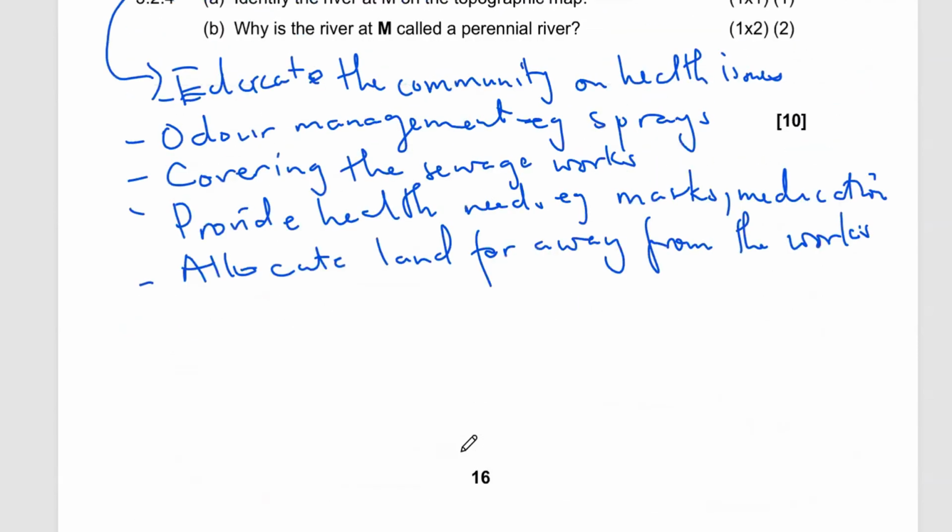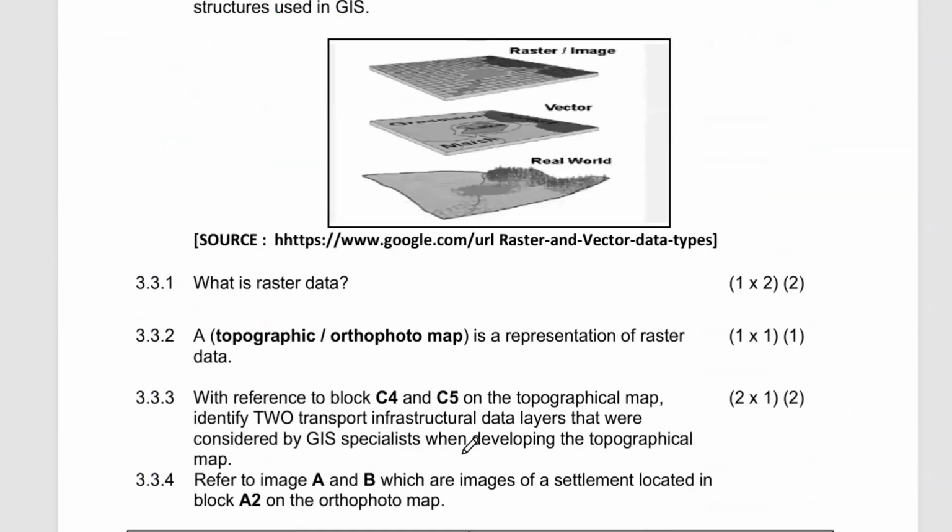Moving on to the next question. What is raster data? According to our sets of data, we have raster and vector data. Raster data is data which is stored in grid cells or in pixels.